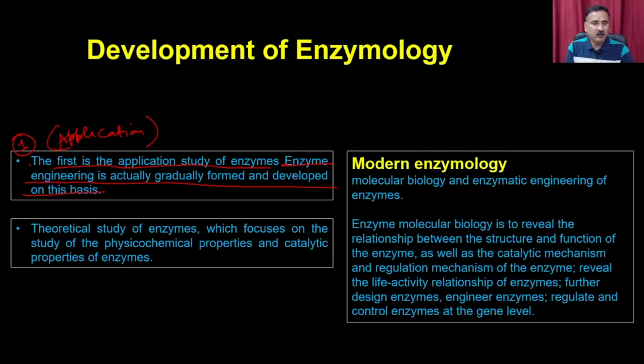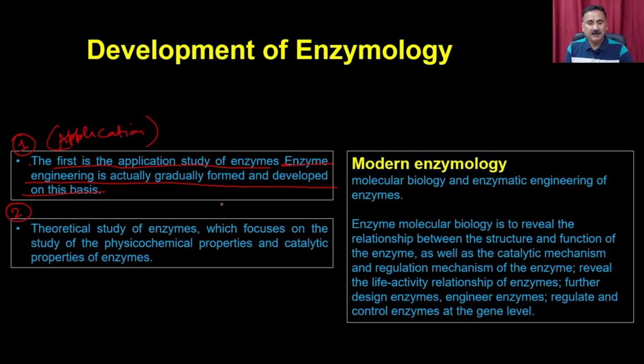Then people developed the theoretical understanding. So in the second phase, people started developing the theoretical understanding of enzymes, how the enzyme interacts with the substrate, how different types of complexes are formed and so on.